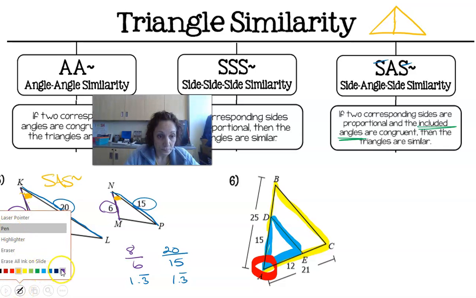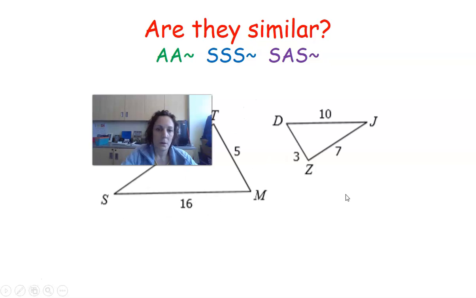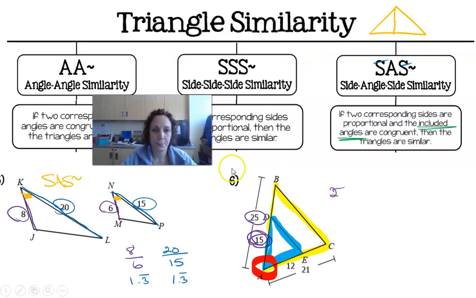So on this side, I've got 25 for my big triangle and 15 for my little triangle. So 25 over 15, right?